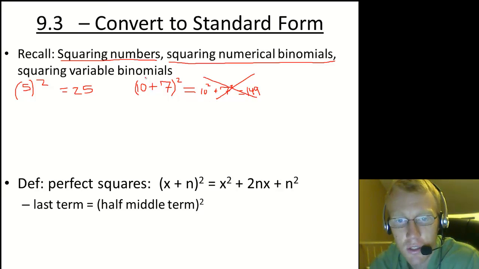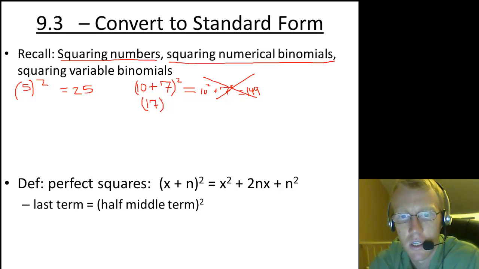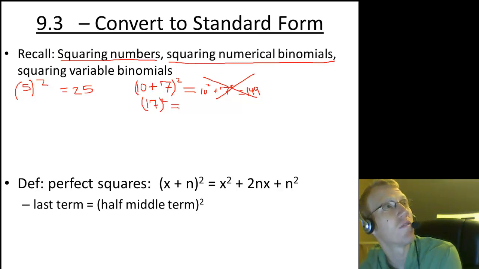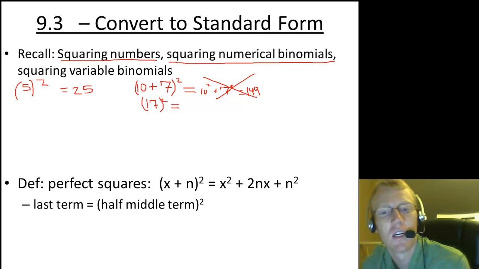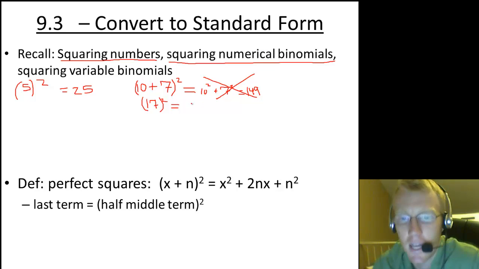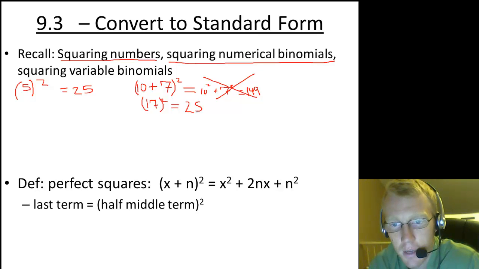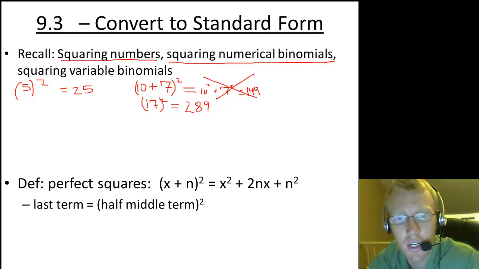What you try to do is square these first and then add them, but the parentheses mean you have to add these first and then square it. So actually it's 17 squared, and 17 squared is 289. Okay, so it's a really big difference, as you can see, between the answer that you would get if you did it incorrectly and the correct answer.